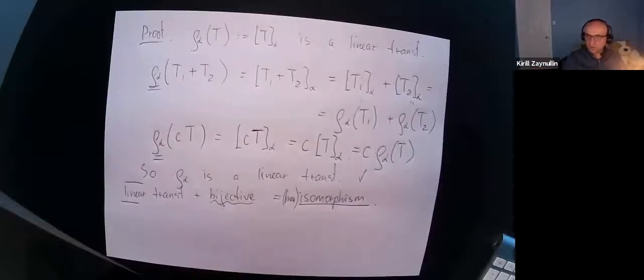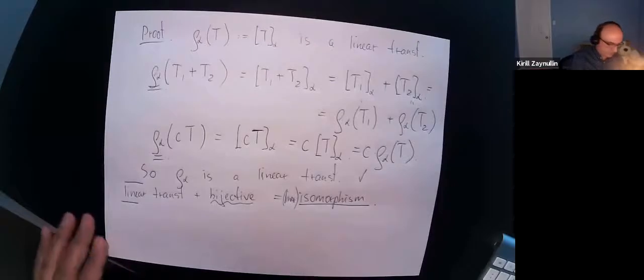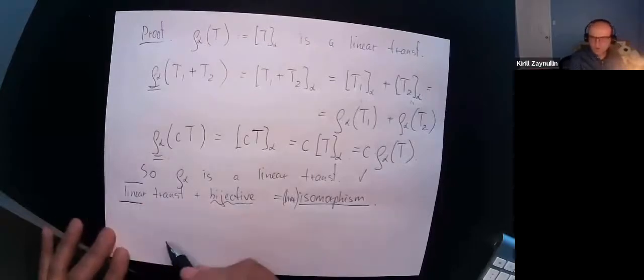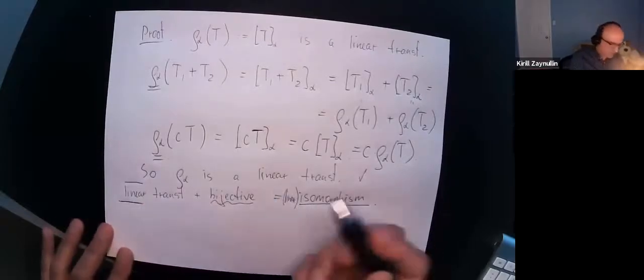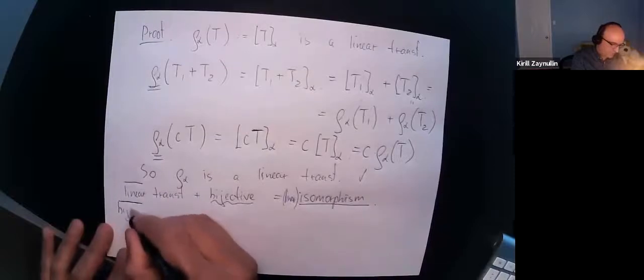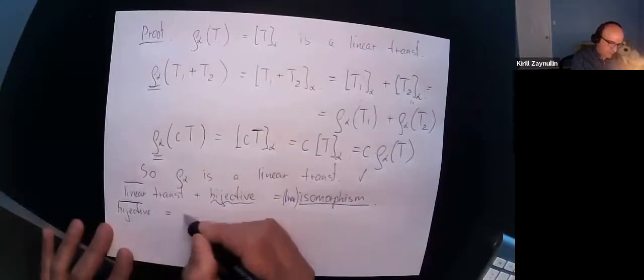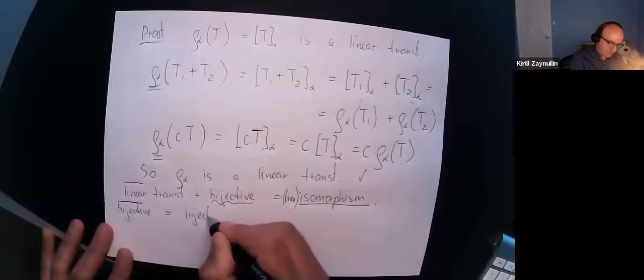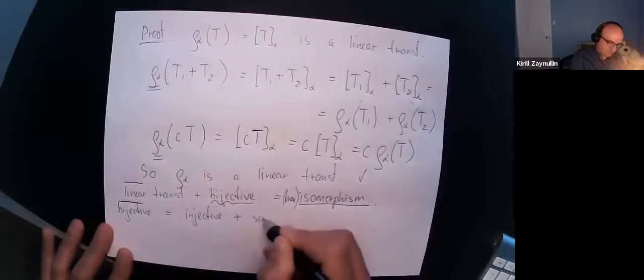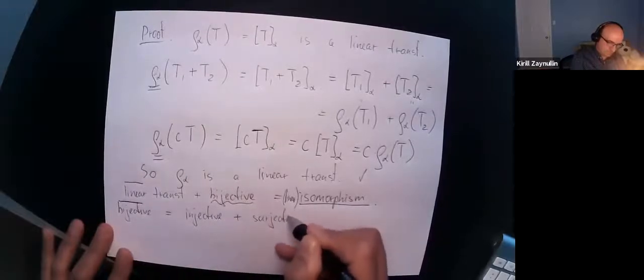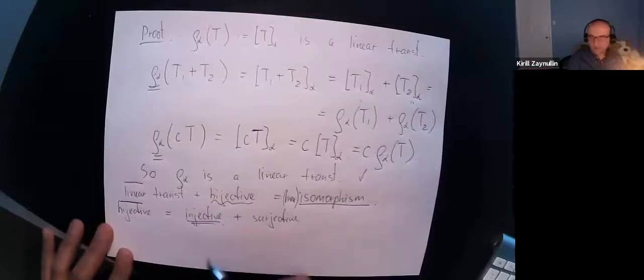Okay, so to show that it's bijective, what can we do? We can use the dimension formula, right? Remember, there was a dimension formula and its consequence. Okay, so bijective is injective plus surjective, right?